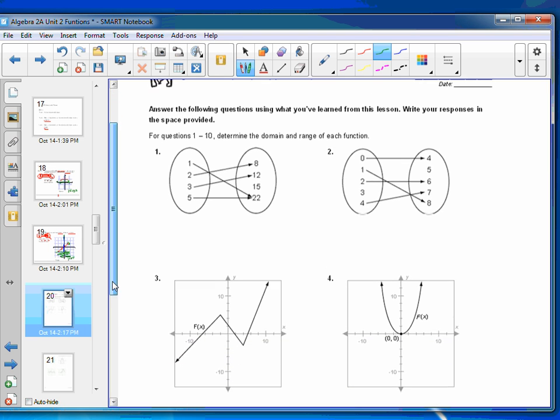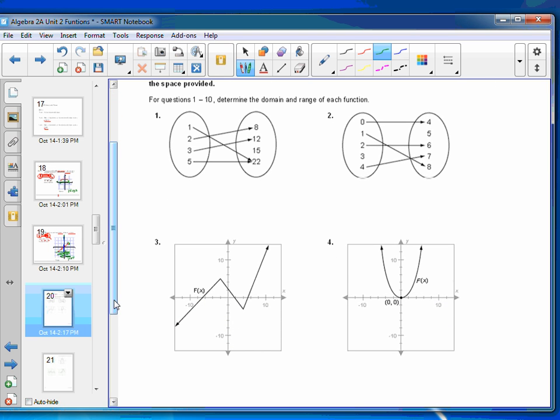I have some copies. So we said our goal was to define domain and range and then look at a mapping to determine it and a graph. So from this mapping, the domain is the set 1, 2, 3, and 5. Those are my input values. My range is the set over here 8, 12. Now be careful, many, many, many students have put the 15 in. Why don't I put the 15 in?